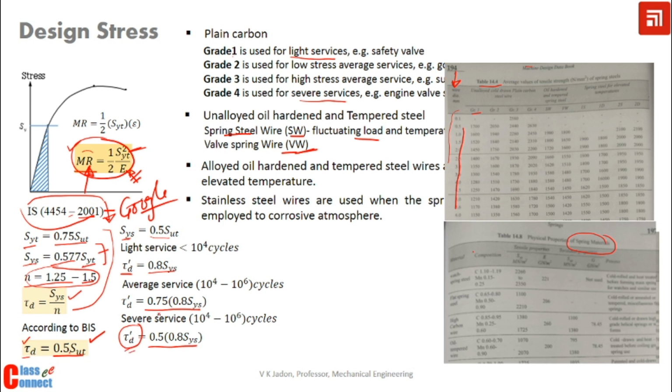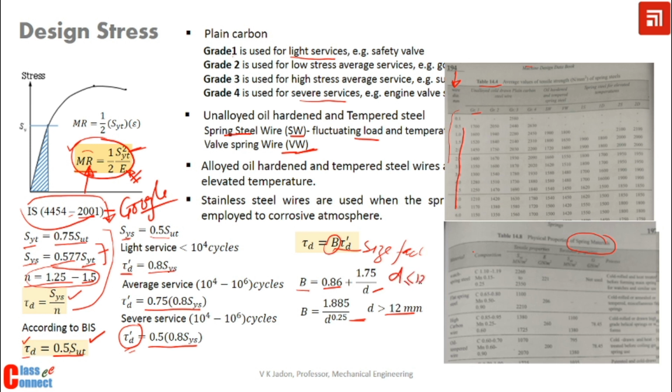Now we have to use the factor known as the B factor or the size factor. This B is the size factor, and it is given by B equal to 0.86 plus 1.75 D, and B is this. So this is for D greater than 12 mm, and this is for D less than or equal to 12 mm.